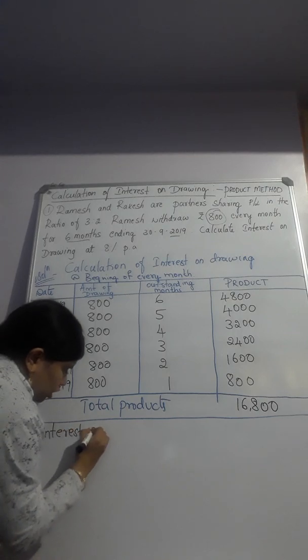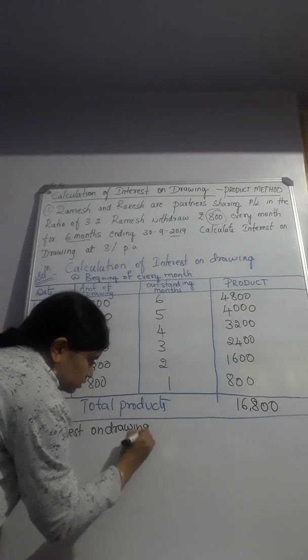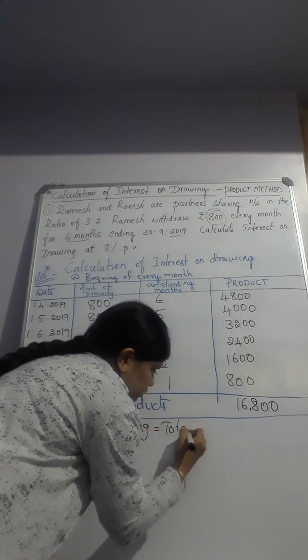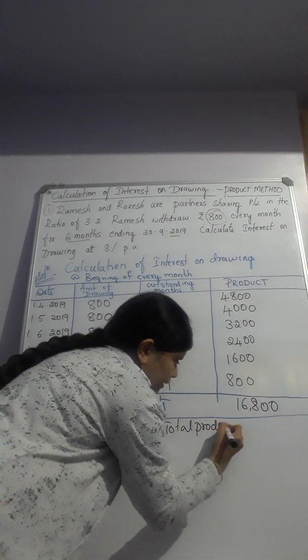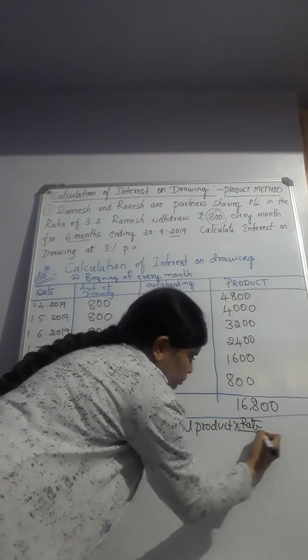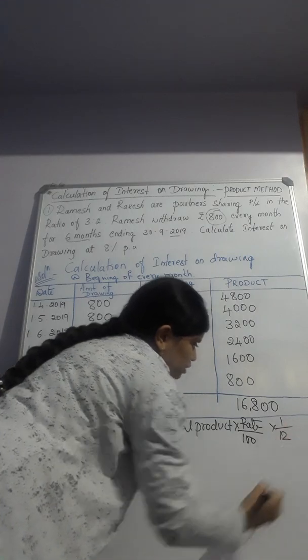Interest on drawing is equal to total product into rate divided by 100 into 1 by 12.